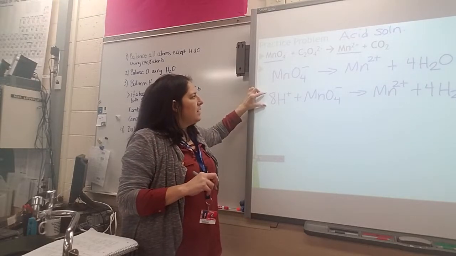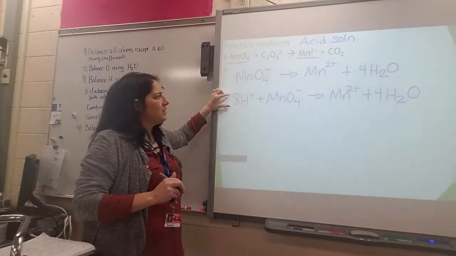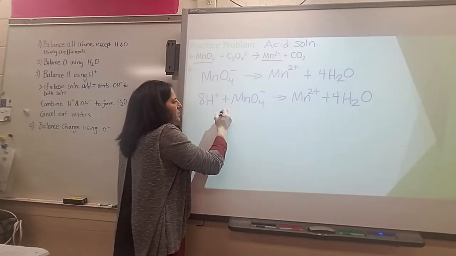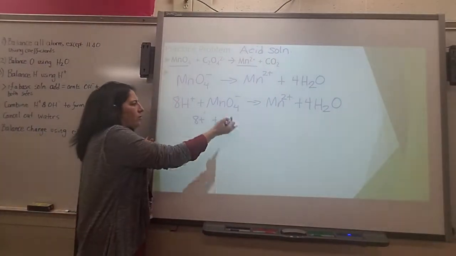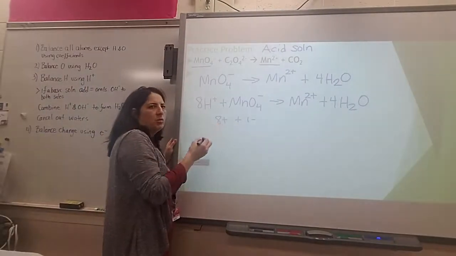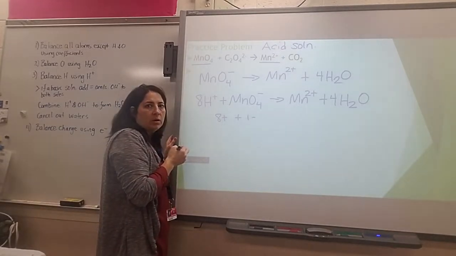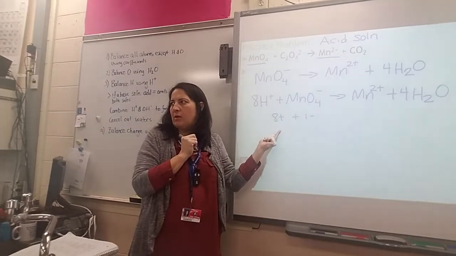All right, so once I have my H plus here, I need to balance my charges. Over here, I have 8 positives plus 1 negative. So over here, my overall charge is what? Plus 7. Everybody buy that? Everybody see that that would be a plus 7 on this side?